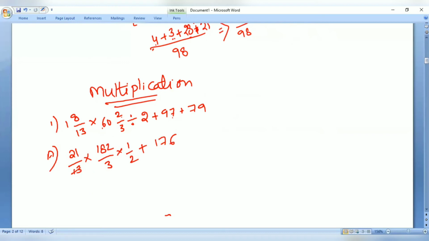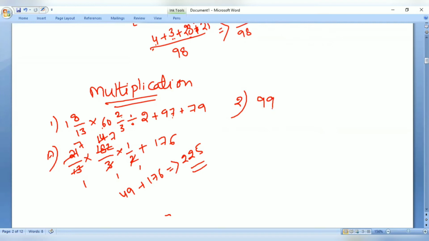Now, 13 ones are 13, 14s, 182, 3 ones are 3, 7s, then 2 ones, 2 sevens. So it is 49 plus 176. So the answer is 225.